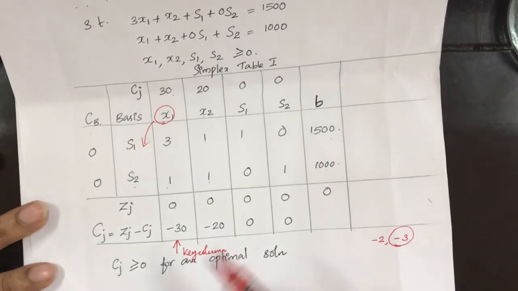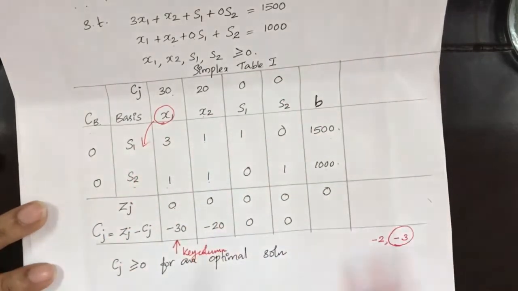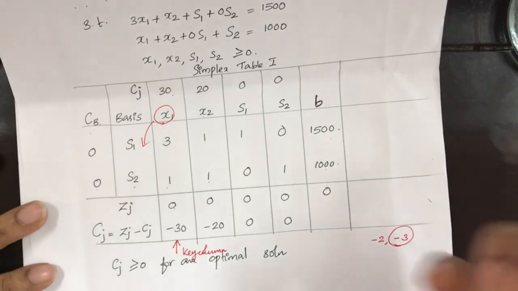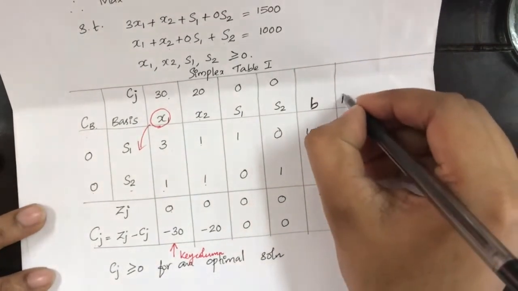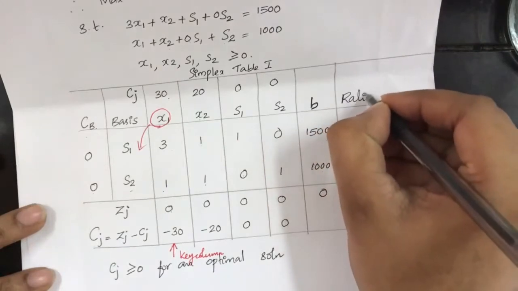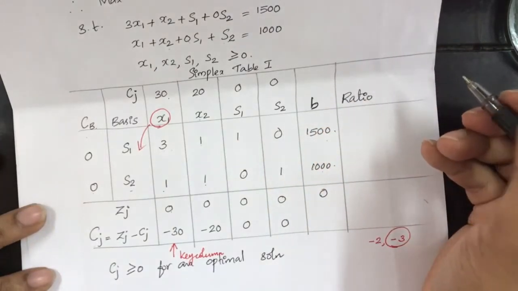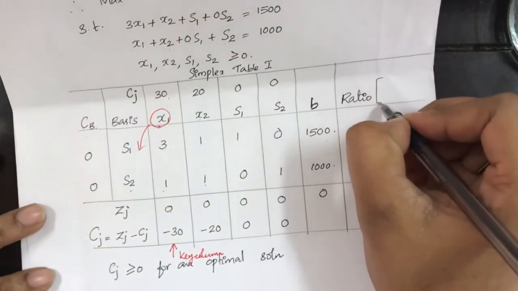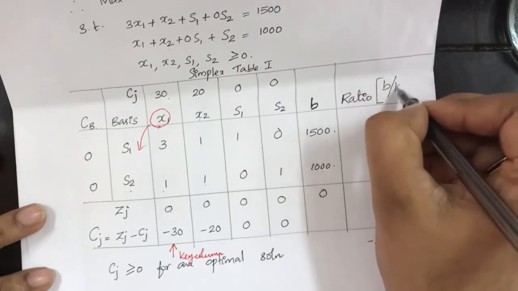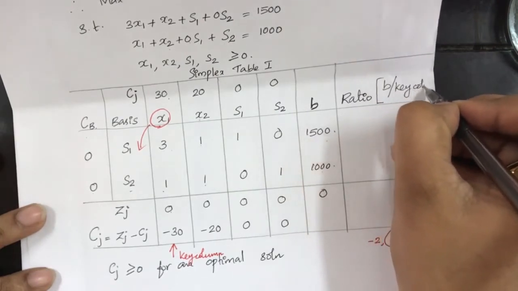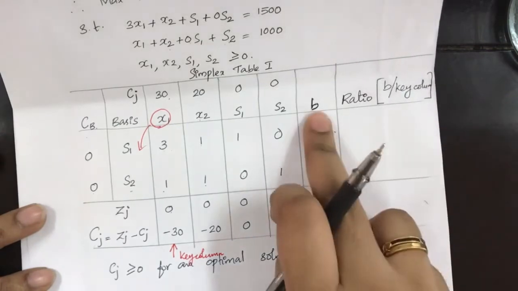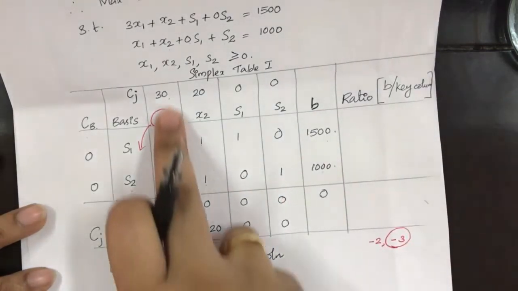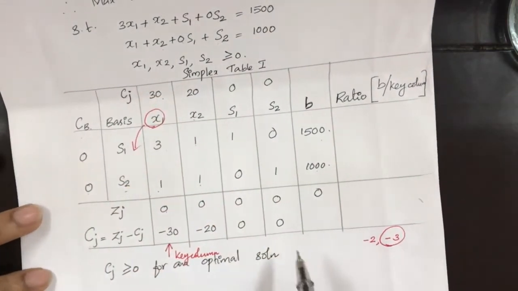Now we are going to find out which basis variable is going out. For that, we need to find another set of values known as the ratio. We simply find the ratio by B divided by the key column values, corresponding values.